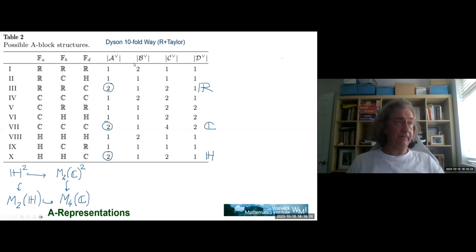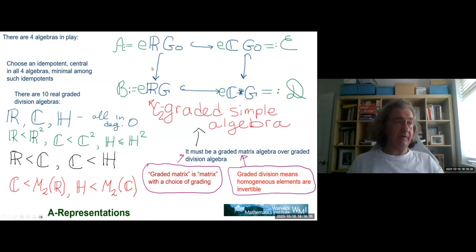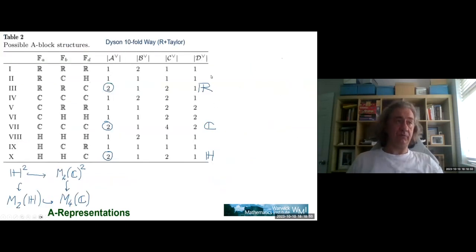And in these 4 columns, we list the number of simple modules in a block. Again, if I go back, you see there are algebras A, B, C, and D. They don't have to be simple. They may have more than one simple module because E is a central idempotent in all 4 algebras. And this is the number of simple modules in each block.